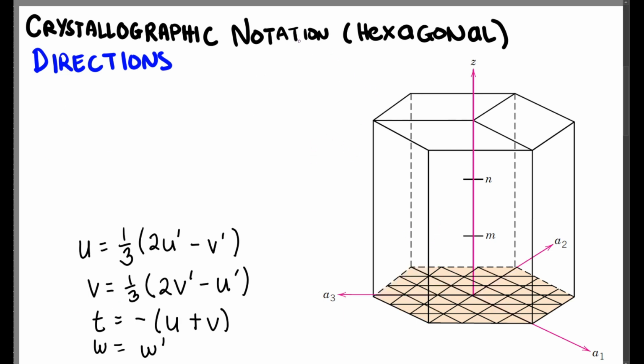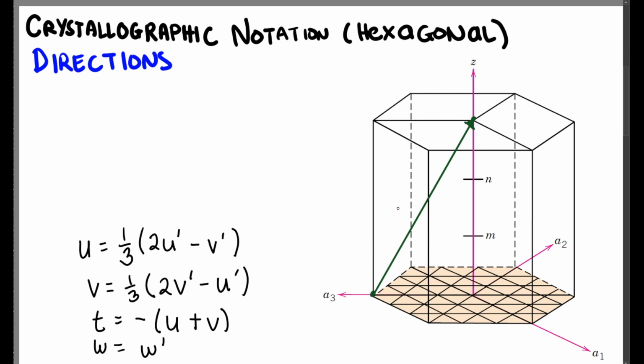So now let's try a different example. Let's say we have this direction here. So this direction comes from this point here and terminates at this point here. So to get the index in the 4-coordinate system for this one, we first actually have to get the 3-coordinate index for this one.